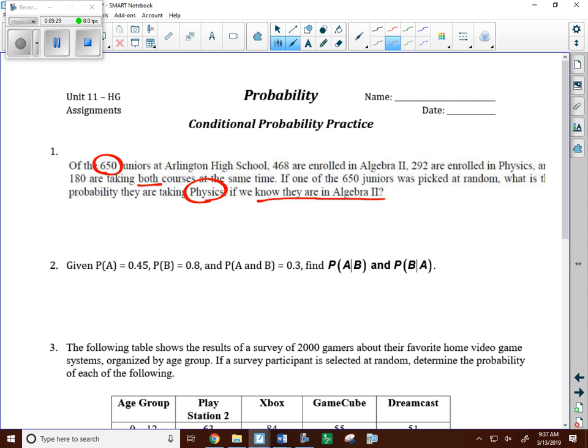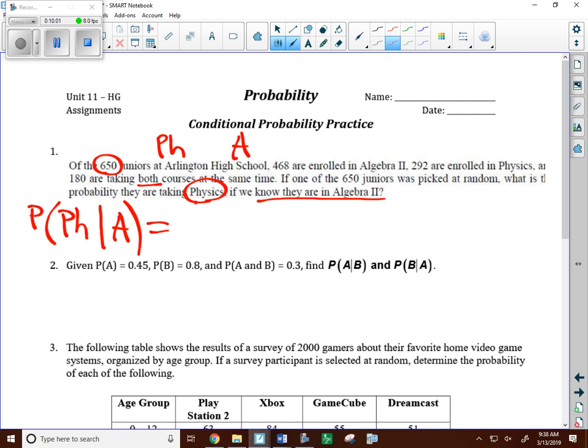And we should translate that to mean the given. Other than say the word given, that says, all right, if they're taking physics, if we know, that's given, provided, we know they're in Algebra 2. So here's what we're really finding. I'm going to say physics is PH and Algebra 2 is just A. We're finding the probability they're taking physics given they're in Algebra 2.